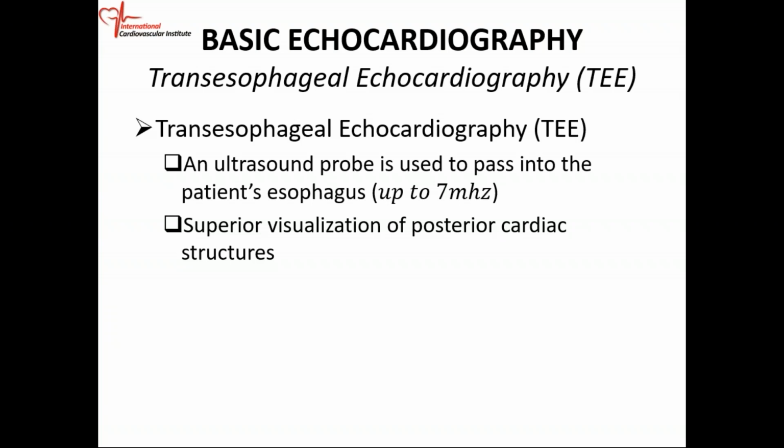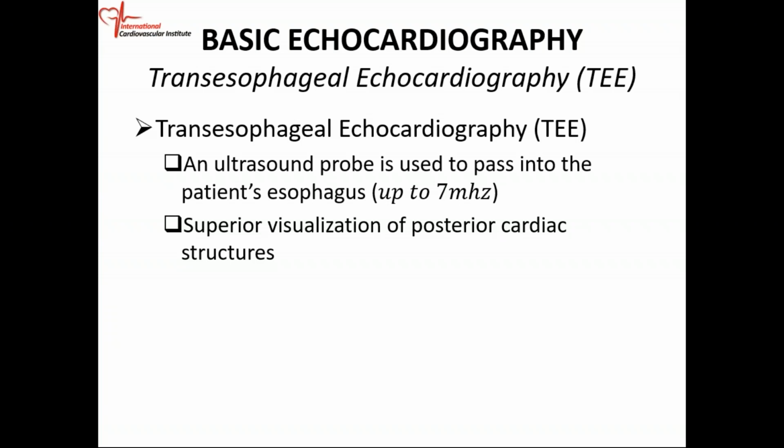And we put the probe in the patient's esophagus, and the esophagus lies just behind the heart. So we can see the structures in the heart, especially the posterior heart structures. This technique allows you to have superior visualization of the posterior cardiac structures and the valves.